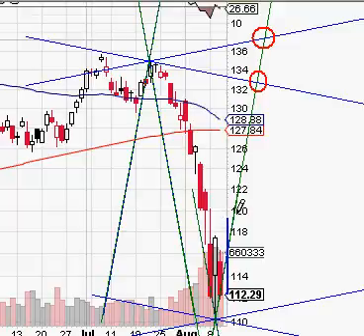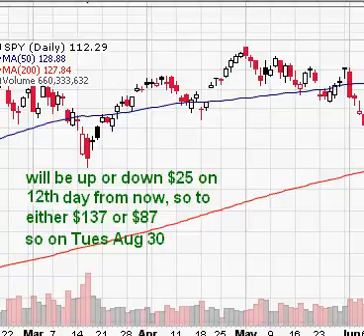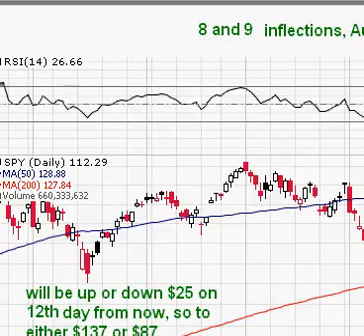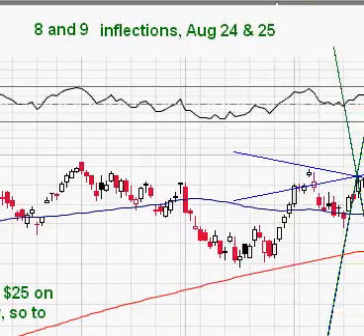A clean break above it, and it could start to track on this green synthetic here, which would end up here around 132, 133, and the end of it would be August 24th, and then it would kind of whipsaw because it would then dip, and then on the 25th, it would start back up again. I don't expect that kind of action, but it is possible.